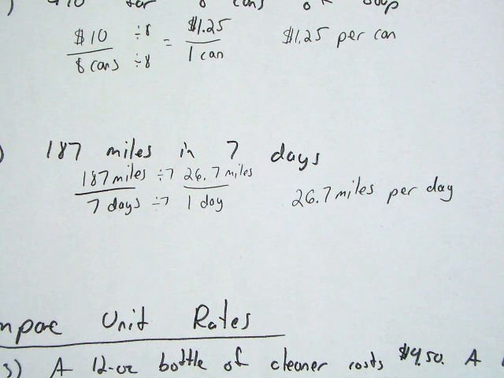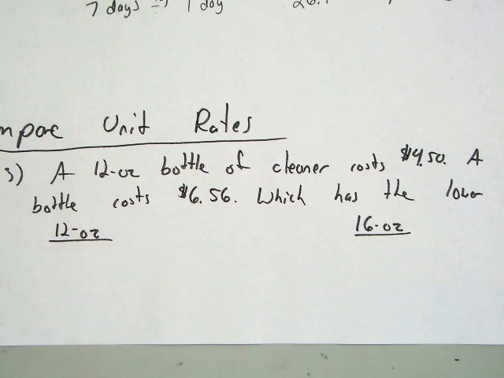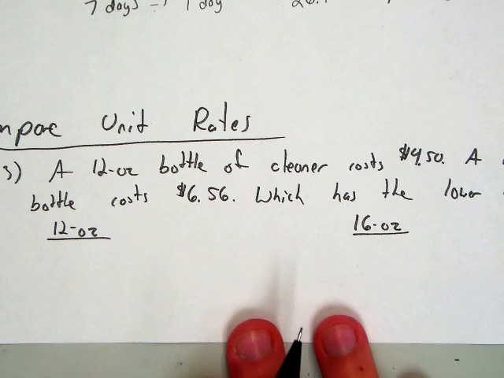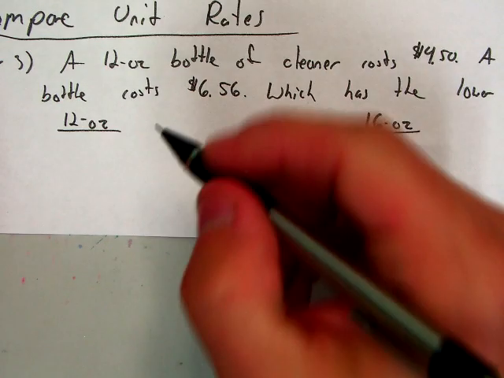Now that we can figure out unit rates, we can actually use those unit rates to figure out some different things. So for example, we can figure out which kind of cleaner is cheaper. It says a 12-ounce bottle of cleaner costs $4.15. A 16-ounce bottle costs $6.56. So which one has the lower cost? So let's look at the 12-ounce bottle first.